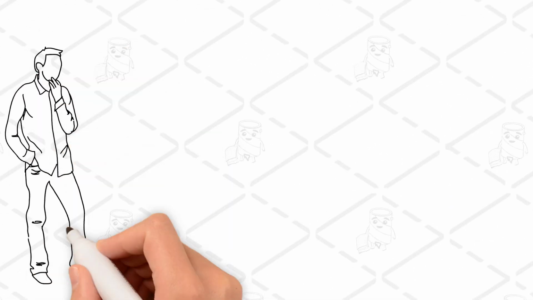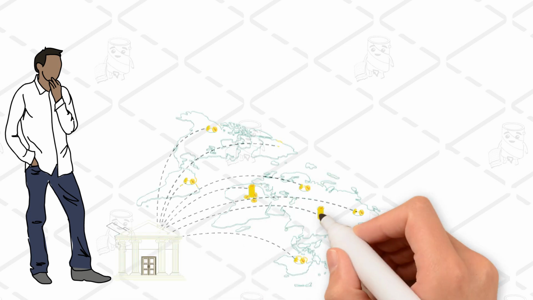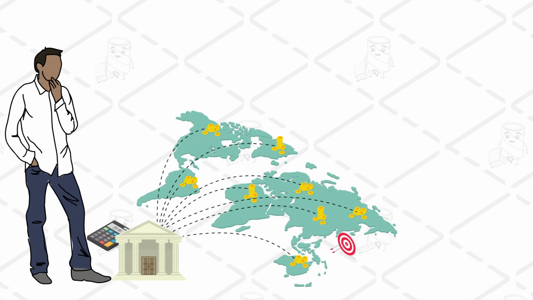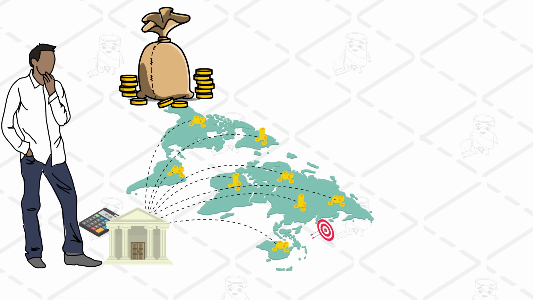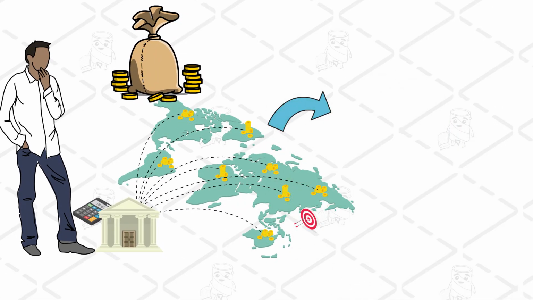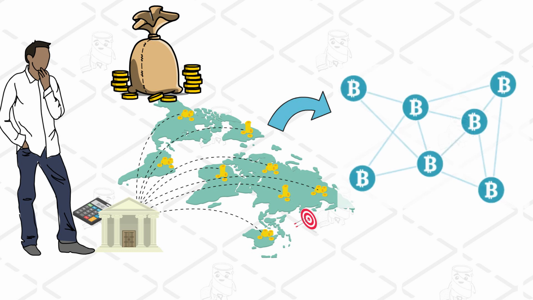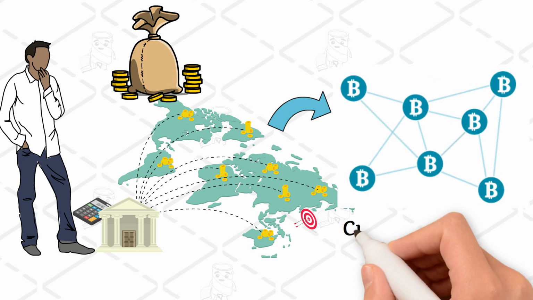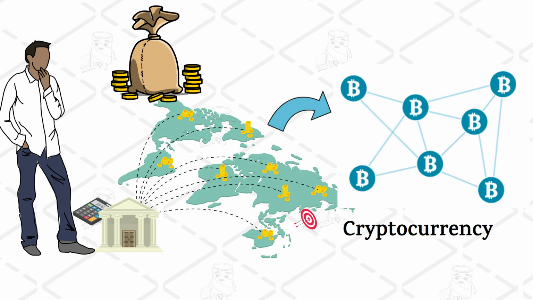There are a lot of concerns rising in recent years about the power of central banks and whether it is wise to allow a single entity to have so much control over a country's money supply. It's this concern that has brought decentralized digital currency, also called cryptocurrency, to the mainstream.